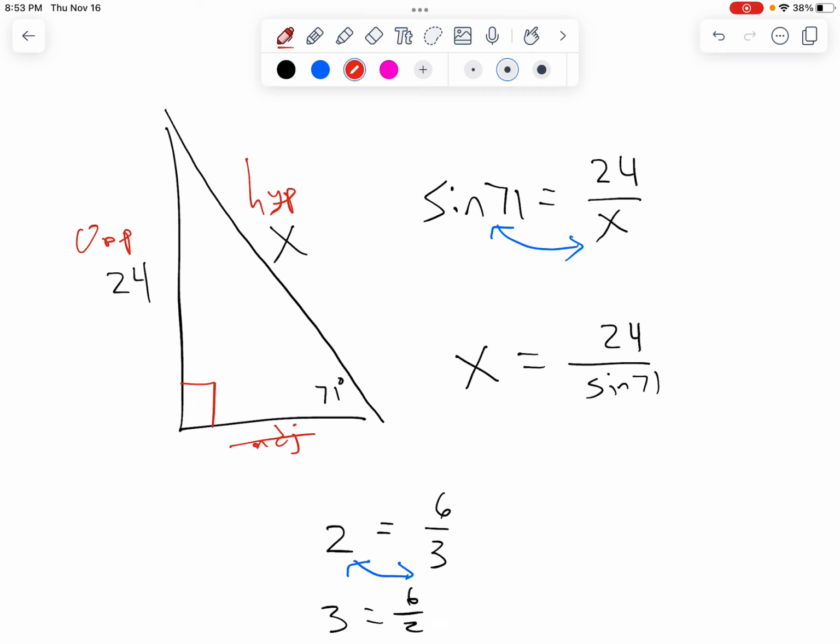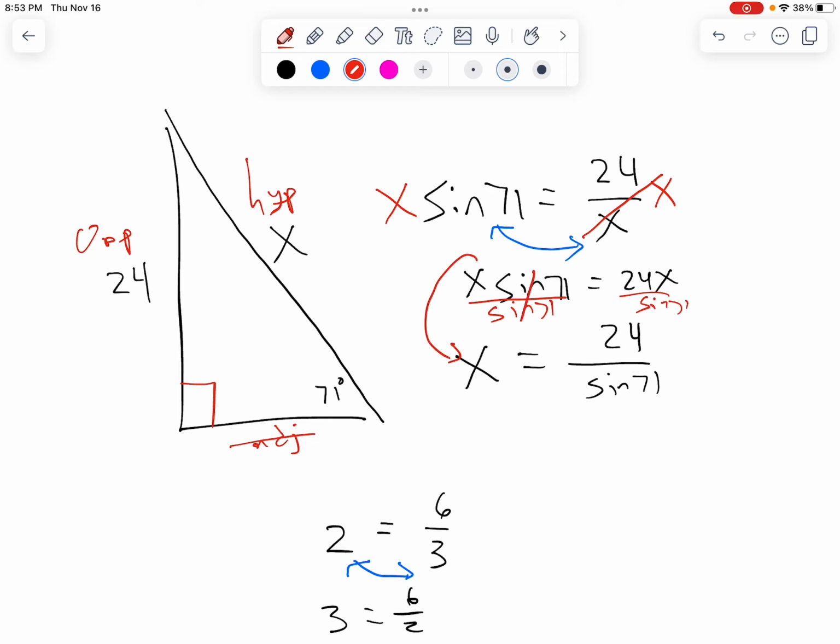You could also do this with some algebra, where I could multiply that side by x and that side by x, and then you'd have x sine 71 equals 24x. And then if you divided both sides by sine 71, then you would get to the step.